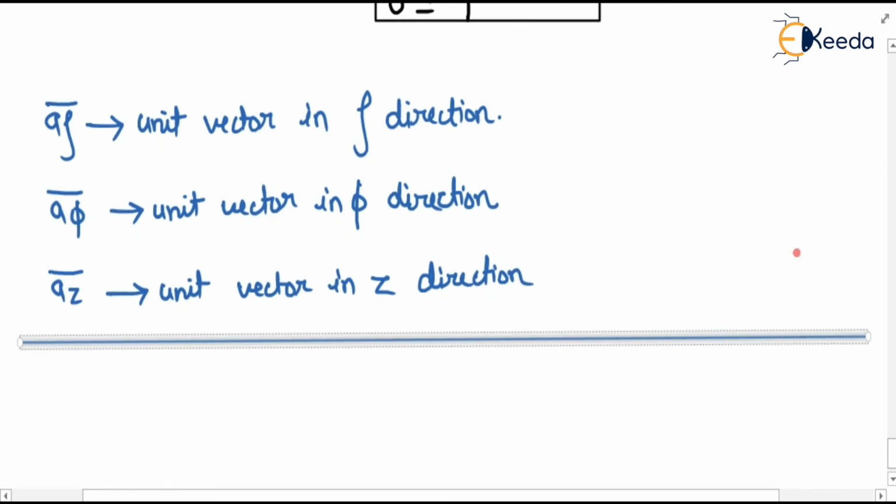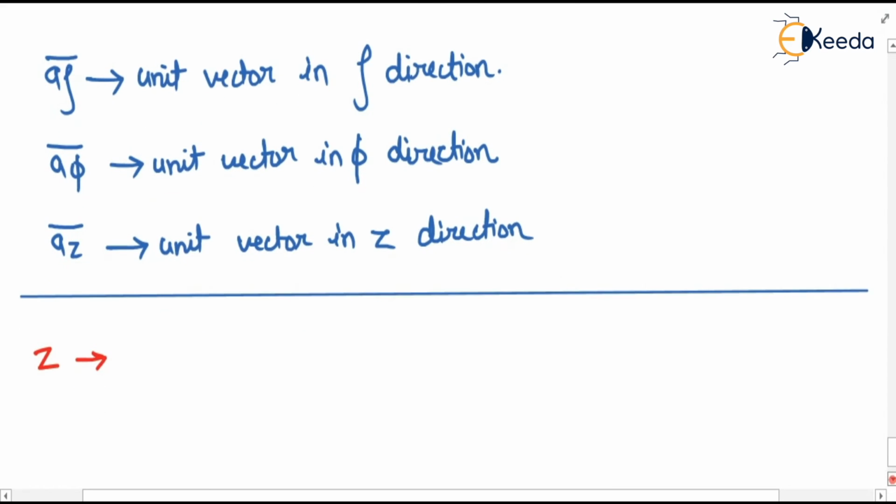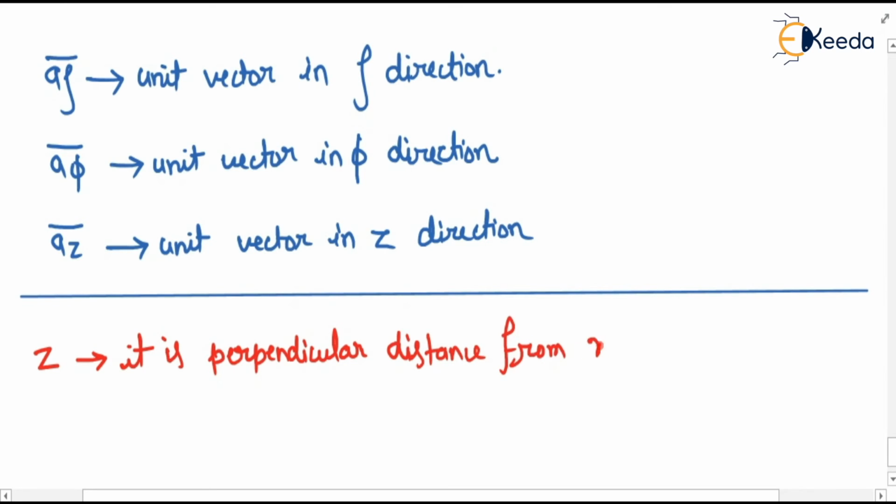Now we talk about the parameter z. So z is the same as we studied in the Cartesian coordinate system. It is the perpendicular distance from the xy plane.